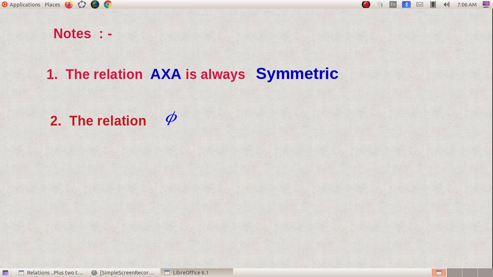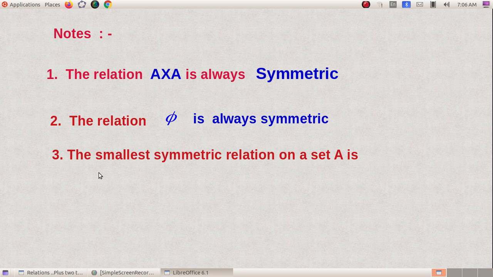It means that the condition for symmetry is not violated. Therefore we don't bother about the conclusion. Trivially we say that the relation phi is symmetric. We cannot find an ordered pair (a, b) such that (a, b) belongs to phi and (b, a) does not belong to phi. Therefore we say that phi is symmetric.